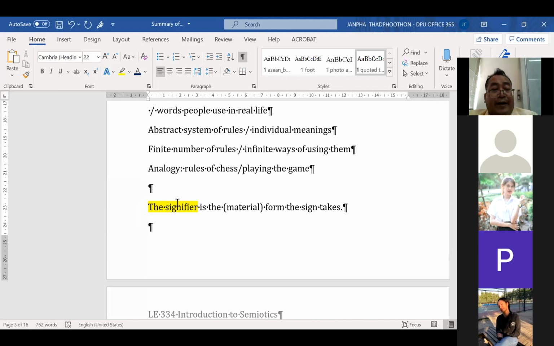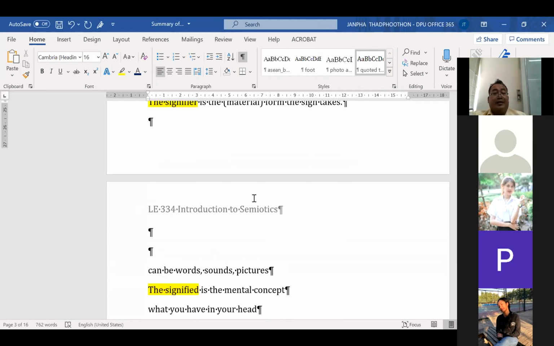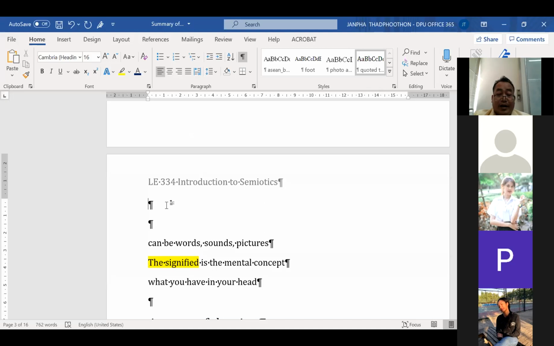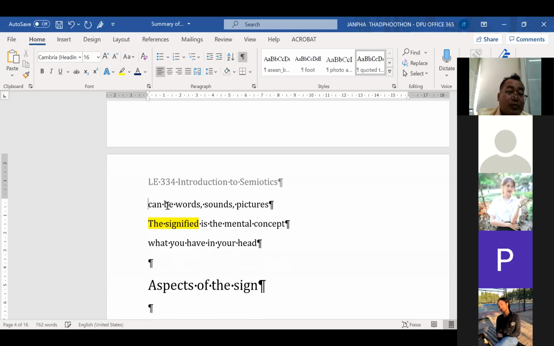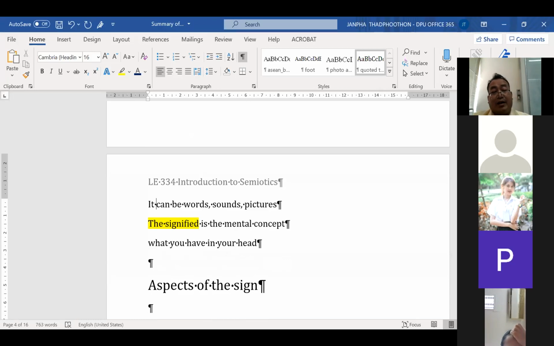This is what we mean by signifier. And that particular form can be a word, a sound, or a picture.